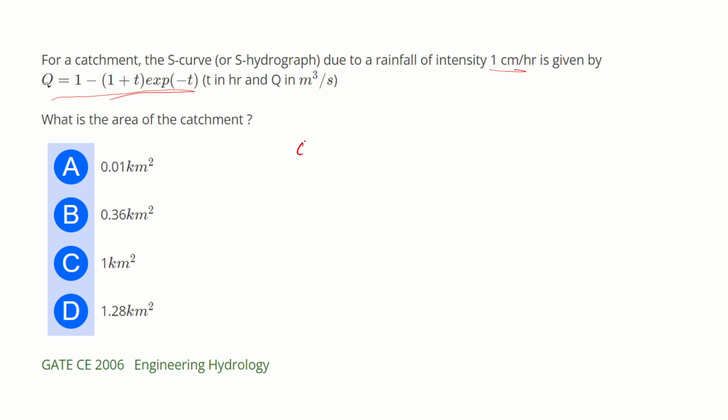What is the rainfall intensity? रेनफॉल इंटेंसिटी इज 1 सेंटीमीटर पर आवर, है ना? सो 1 सेंटीमीटर to meter और hour to second, right? So 1 by 36 into 10 to the power 4 मीटर पर सेकेंड, यह है इंटेंसिटी.